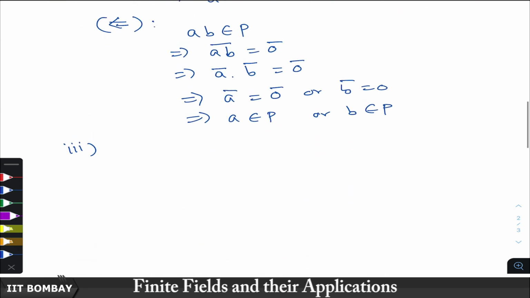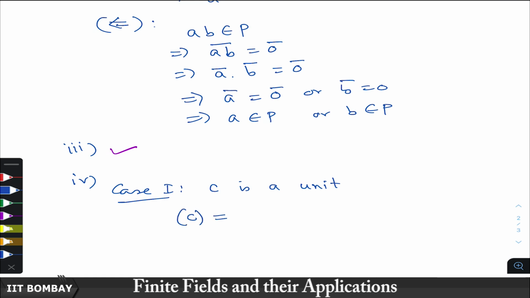Okay. So, first of all, C may be a unit. So, we will consider cases on C. Case 1, C is a unit. If C is a unit, we know that the ideal is R, because you can multiply C by something to get 1.